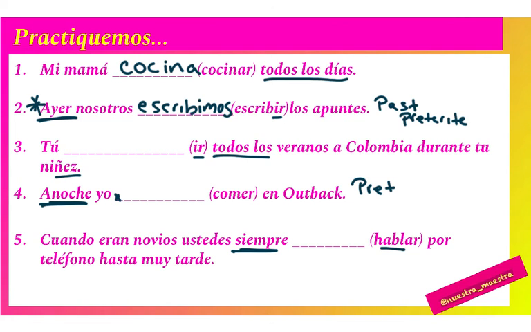We will use the imperfect tense. The imperfect. Because we don't know clearly when it happened. It was when you were dating. I don't know how long ago that was. It was always, we know the action repeated itself. Okay? So therefore, we will use the imperfect. Please conjugate the imperfect as well.